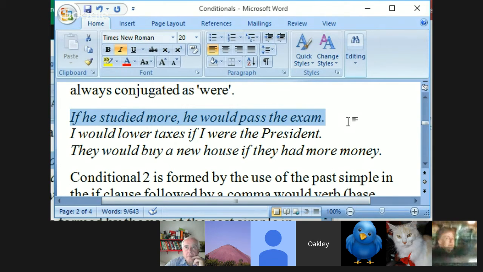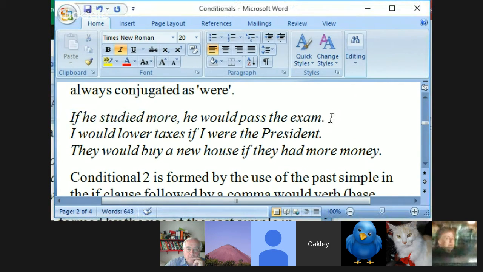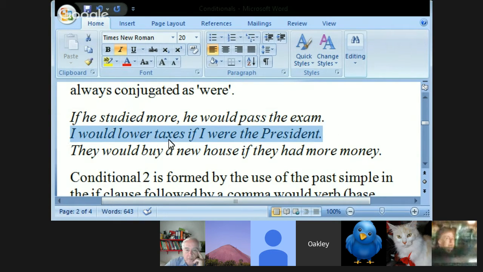If he studies more, he will pass the exam. If the speaker does not believe the person is going to study more, he may choose to use the second conditional. Kind of interesting. It tells us what the speaker is thinking. Is the speaker thinking this is a real possibility or an unreal possibility? Sometimes it may give away how the person really feels about something.